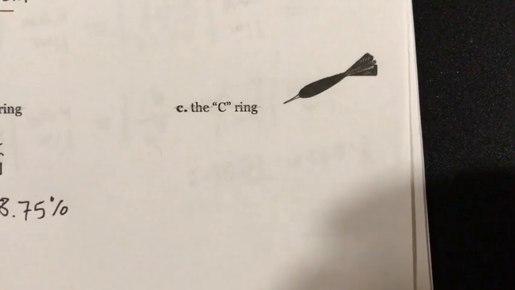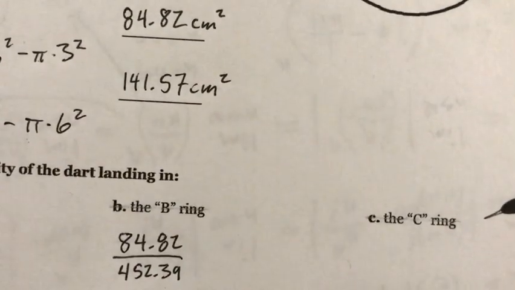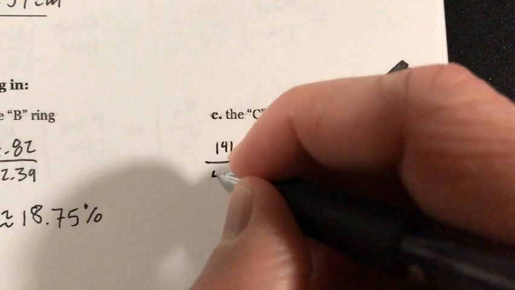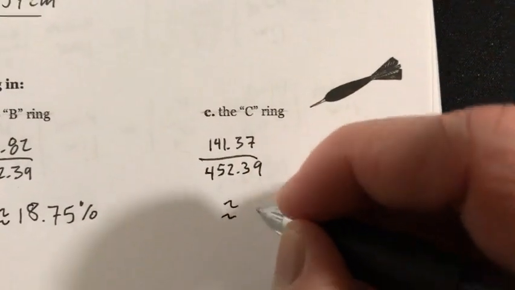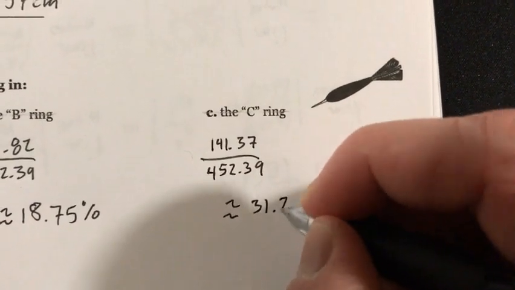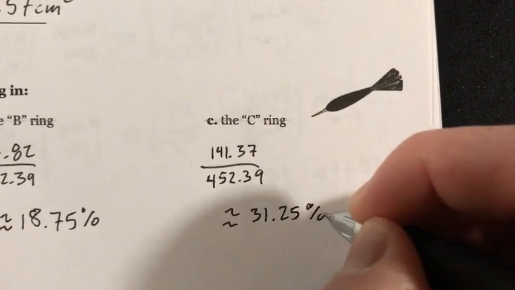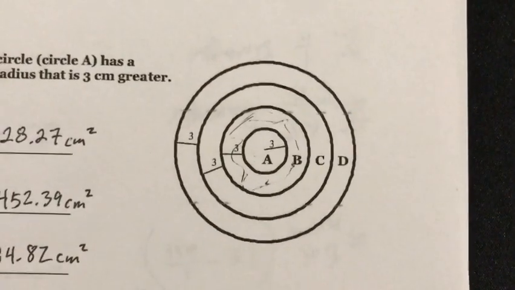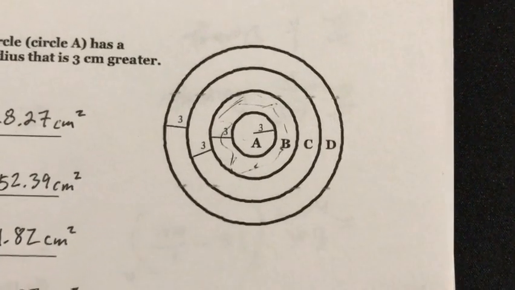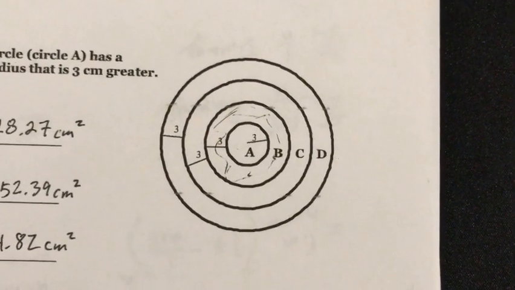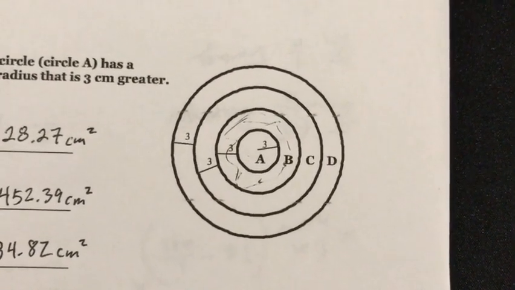And then finally the C ring, the area of the C ring was 141.37 divided by the whole area, 452.39, and that is approximately 31.25%. The probability of landing in the C ring is bigger than the probability of landing in the B ring, which, if you've played darts, you know it's easier to get a double than it is a triple because of the size of the regions.